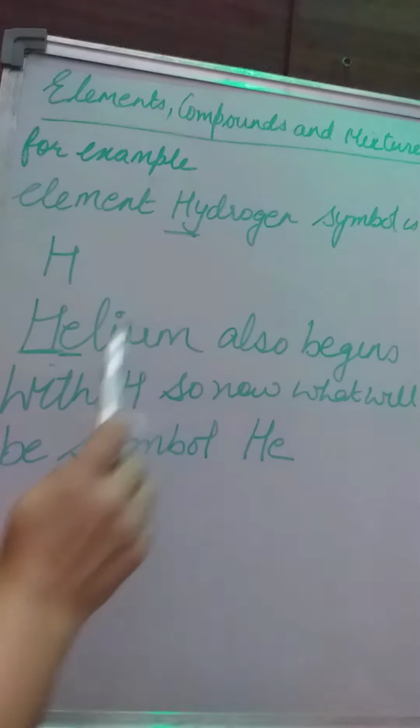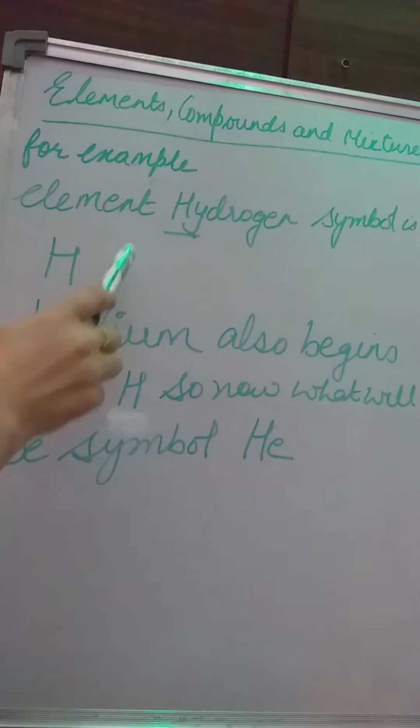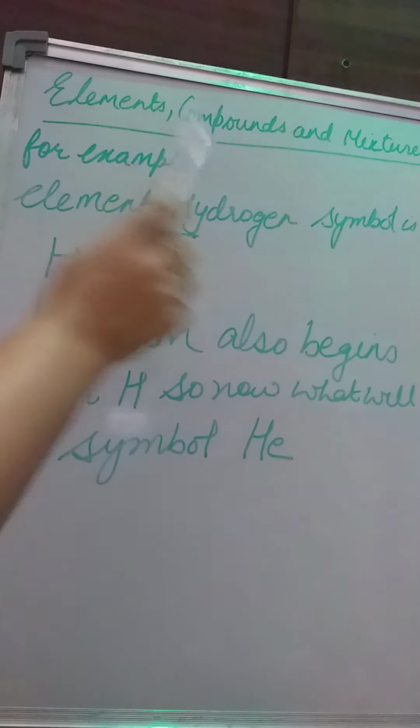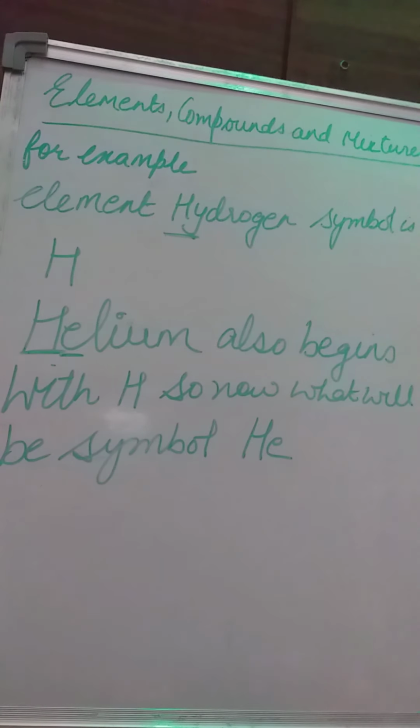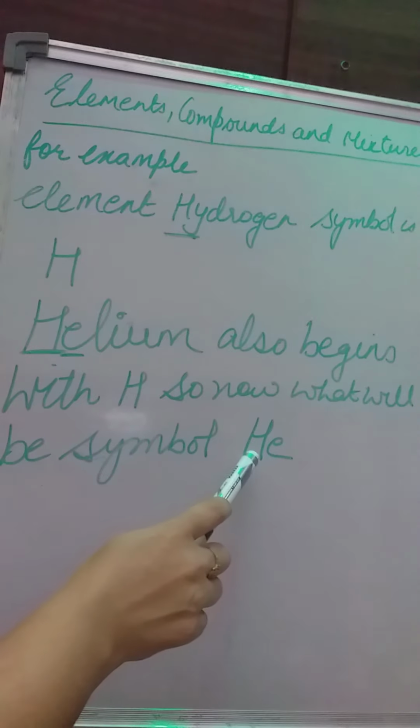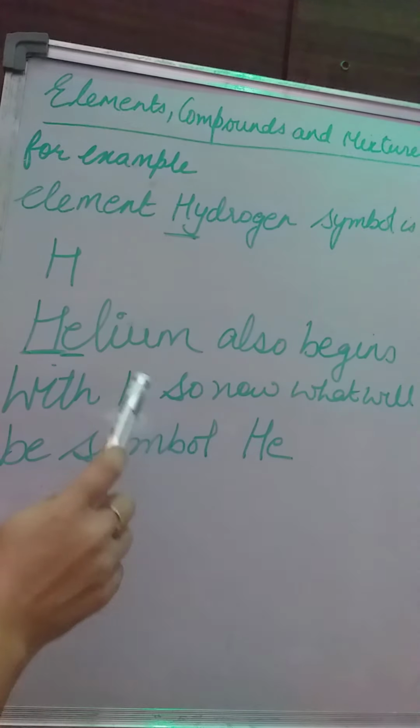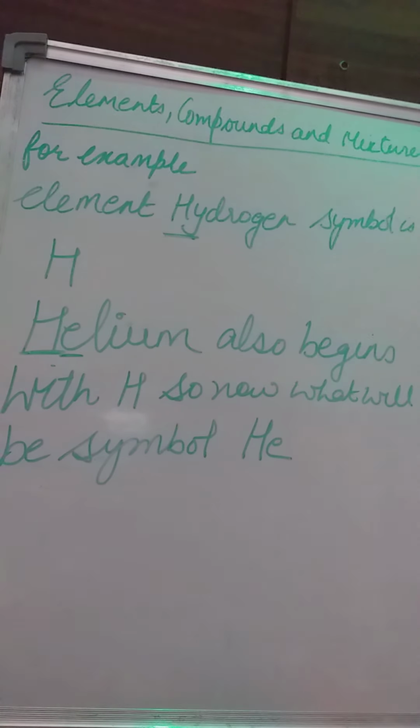Helium also begins with H, but the symbol H has already been given to hydrogen, so we cannot write H for helium. So what is the method? We take H and the next alphabet, so we take the symbol of helium as He. H should be capital and e should be small.